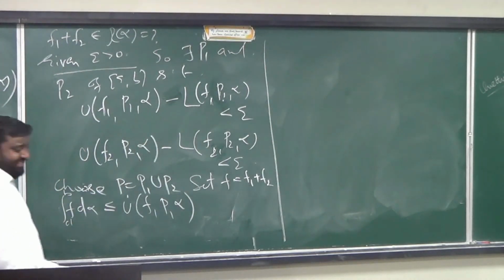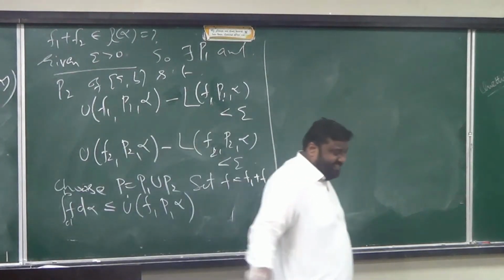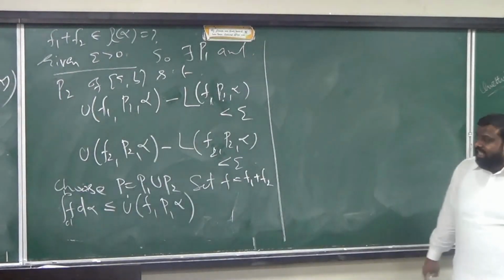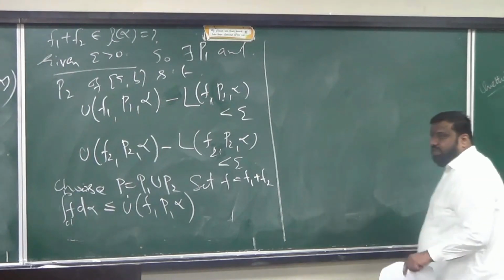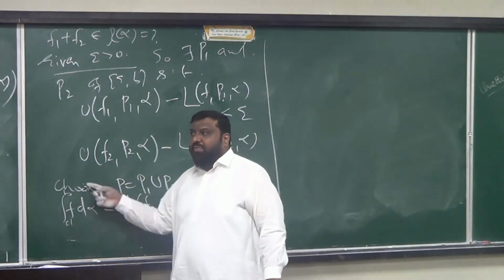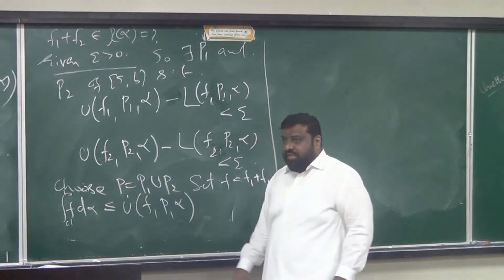Why? Because it's true for any partition. So that's its infimum actually. It's an infimum of U(f, P, alpha), so it should be less than or equal to this.